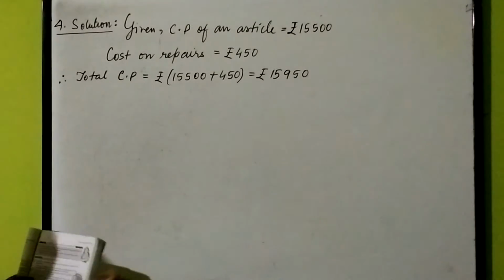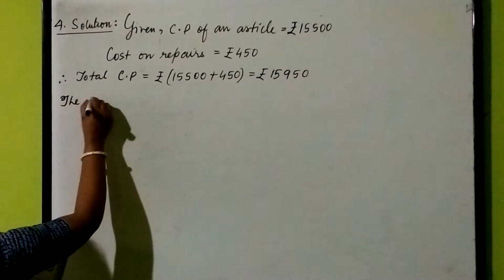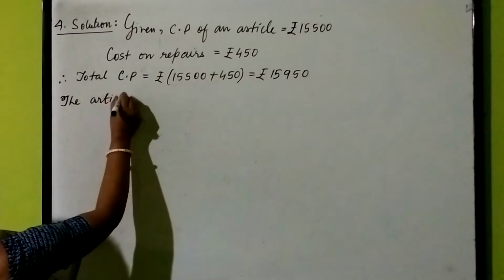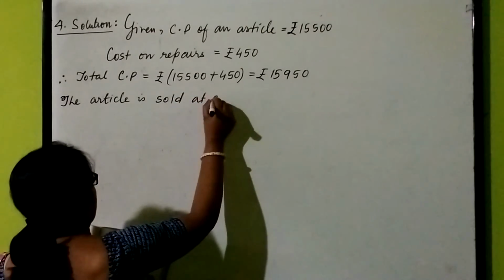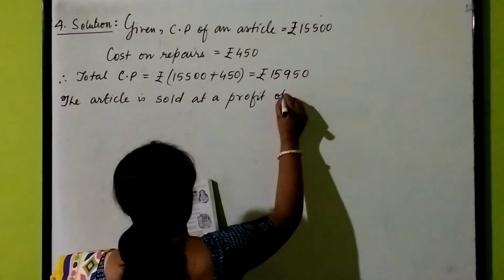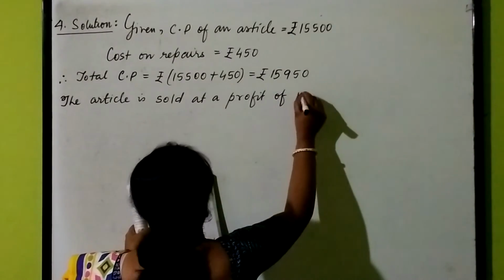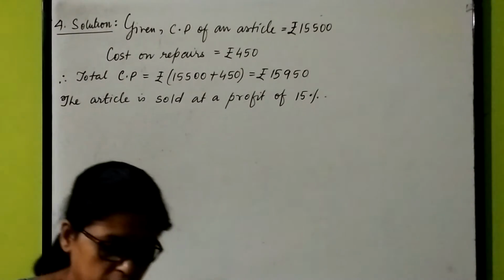Now, the article is sold at a profit of 15%. Now find the selling price of the article.